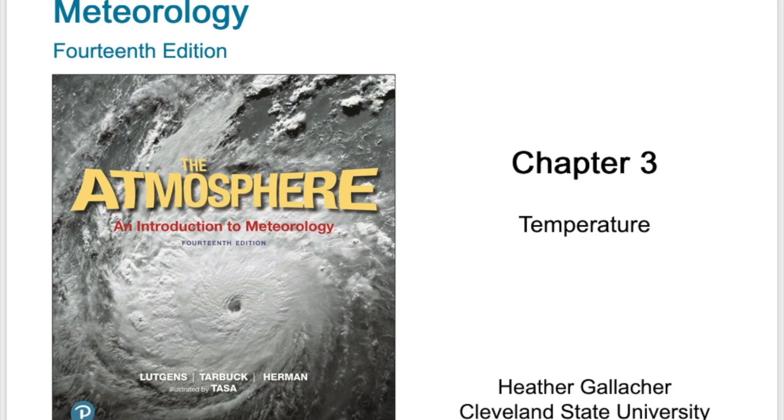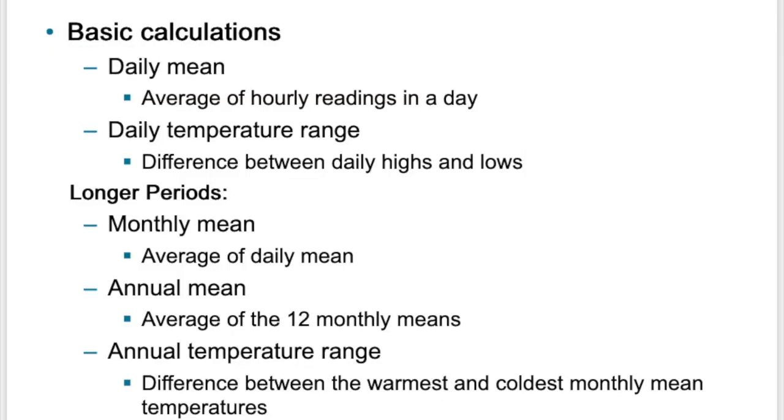Hi everyone. So for this week's lecture, we are reviewing the concept of temperature. Again, as a refresher, temperature is a measure of the average kinetic energy of atoms or molecules in a substance.